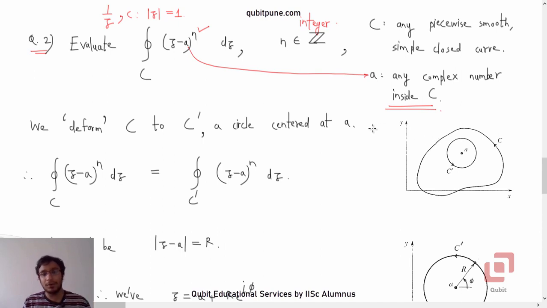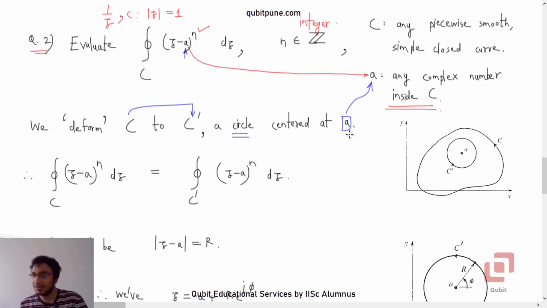Now what we are going to do is first deform C to C prime, and we can do that because we have proved it earlier. So this C can be any piecewise smooth simple closed curve. When you deform C to C prime, we deliberately take C prime to be a circle which is centered at A, this complex number.